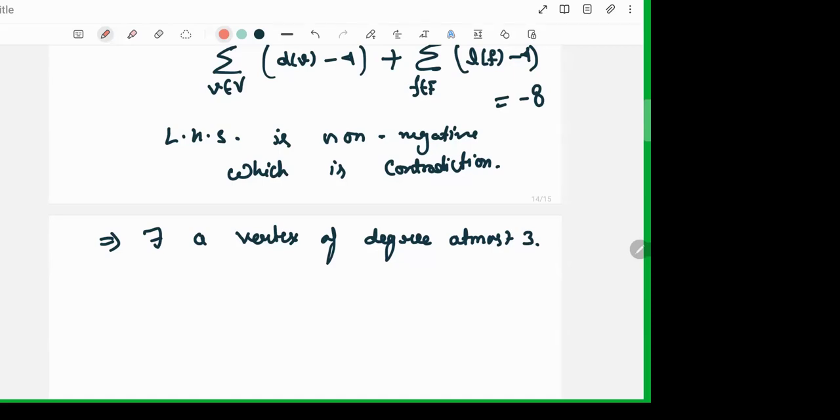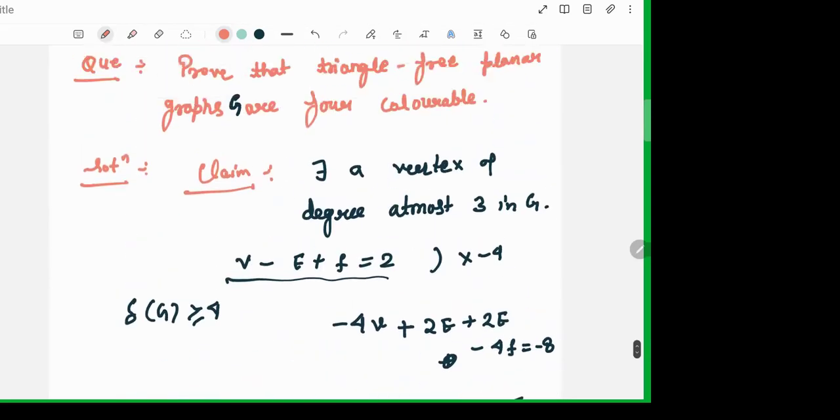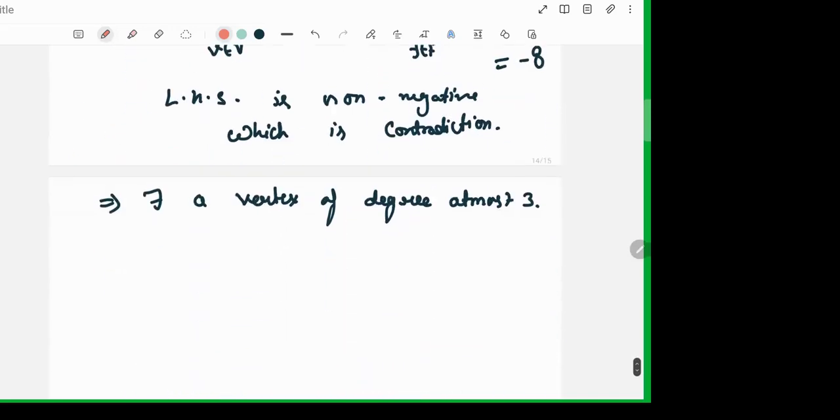Base case is obvious. Suppose it is true for n, then go for n plus 1. From the graph on n plus 1 vertices, remove a degree 3 vertex, because there must be some vertex of degree at most 3. Then the remaining graph is 4 colorable by the induction hypothesis.